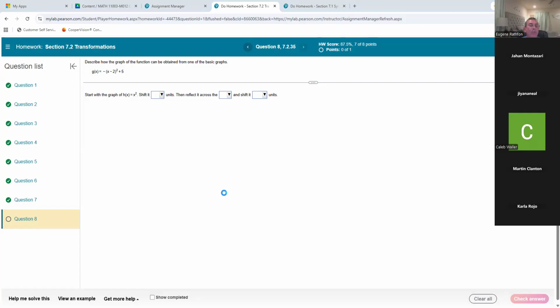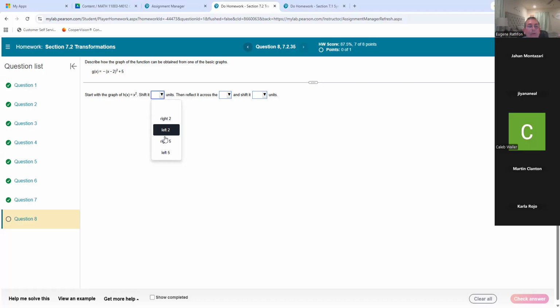All right, y'all, this is our last one for section 7-2. They got a negative x minus 2 in parentheses squared plus 5. They're telling you you're going to start with the x squared graph. You're going to shift it blank units.